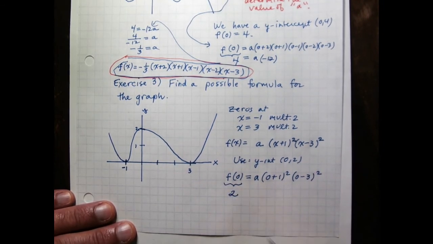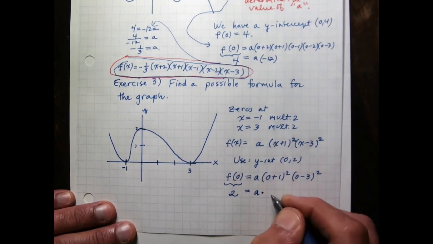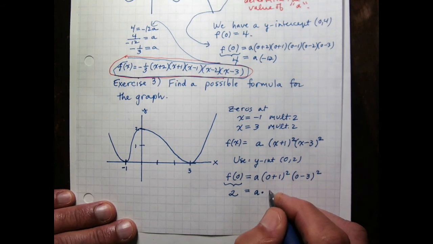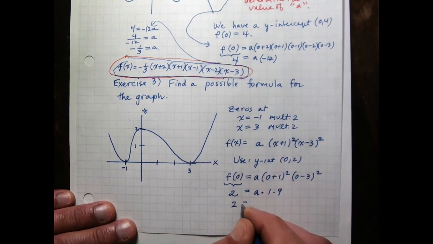That f of 0 would have to be equal to 2. 2 equals A times 1 times 9, correct? 2 is 9A.